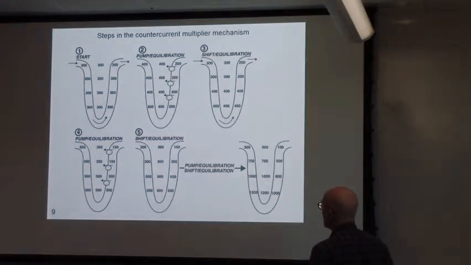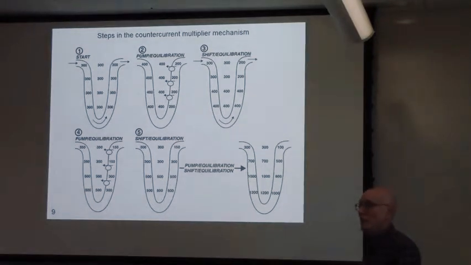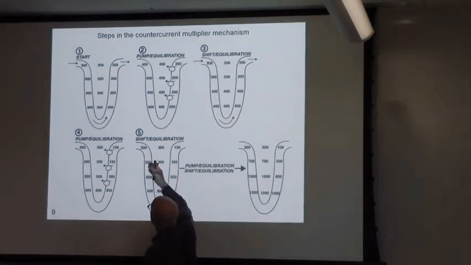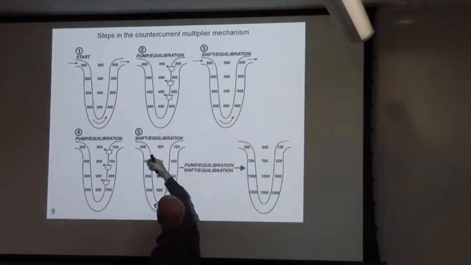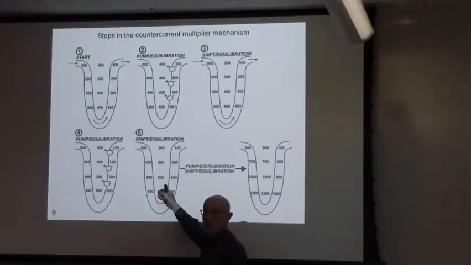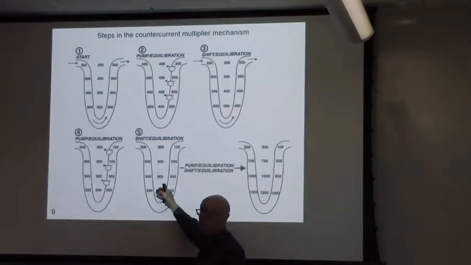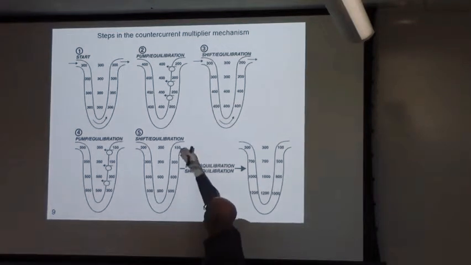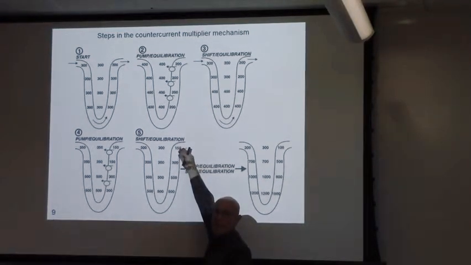These 500s came from these 500s. So let's not worry about the numbers too much. The point is, we're bringing in two new 300s, and then we're equilibrating across the descending limb. Well, here's a real gradient. Here is a dilute exiting fluid.